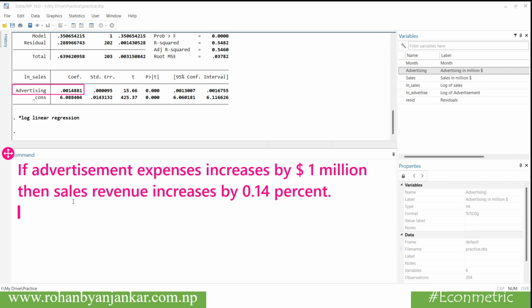This means that simply it's 0.0014 times 100. And this is the interpretation of our regression coefficient.